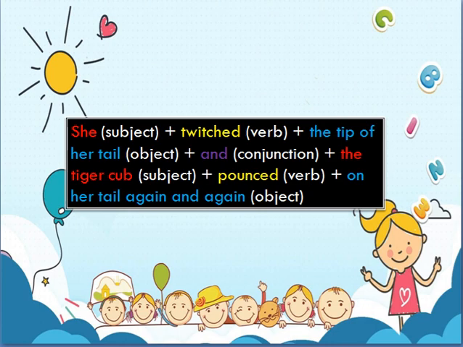She twitched the tip of her tail, and the tiger cub pounced on her tail again and again. Now this sentence, though it has two parts, both the parts have subject, verb, object. Both the parts of the sentence have subject, verb and object order, and they are joined with a conjunction, that is and.